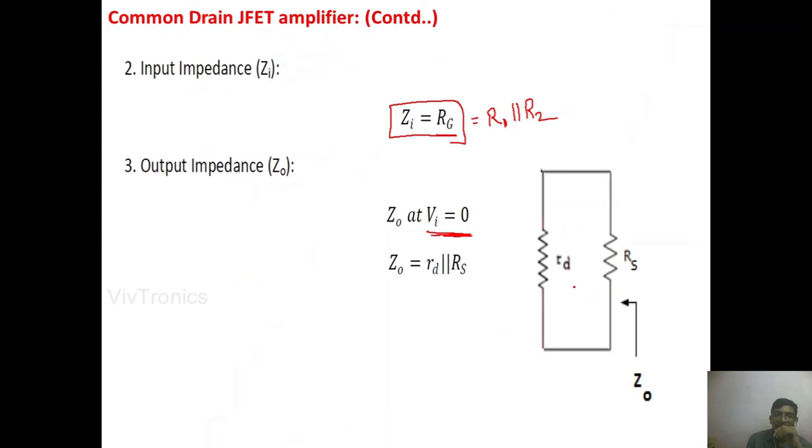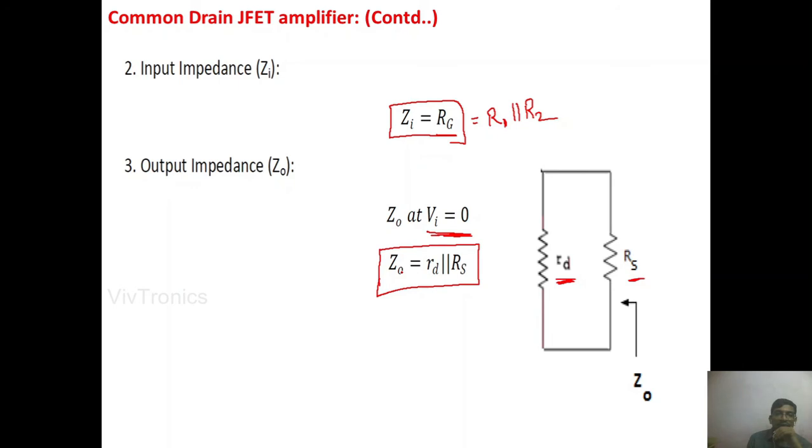So we can write the output resistance is a parallel combination of the internal drain resistance and Rs. So Zo is rd parallel Rs. This is how we can calculate the output impedance of the common drain JFET amplifier.